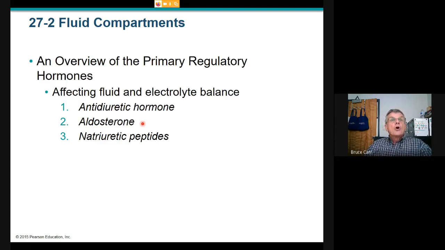Natriuretic peptides oppose the effect of these two antidiuretic hormones. The effect of natriuretic peptides was to increase water release. So ANP, its effect on the kidney is to produce high volumes of urine that are low concentration.